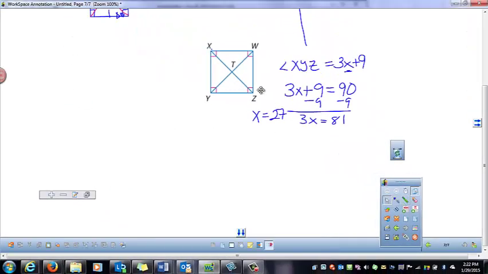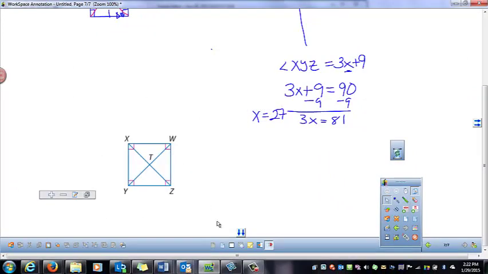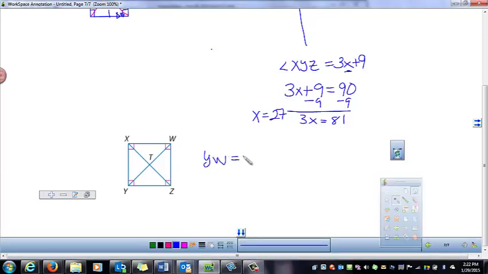Now the same picture. If YW equals 15, what is the value of YZ?